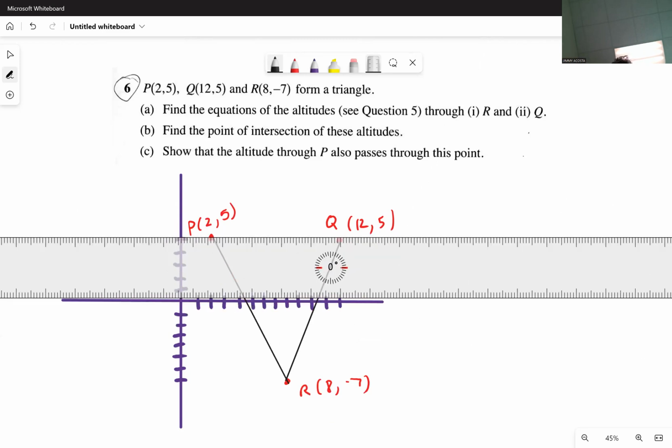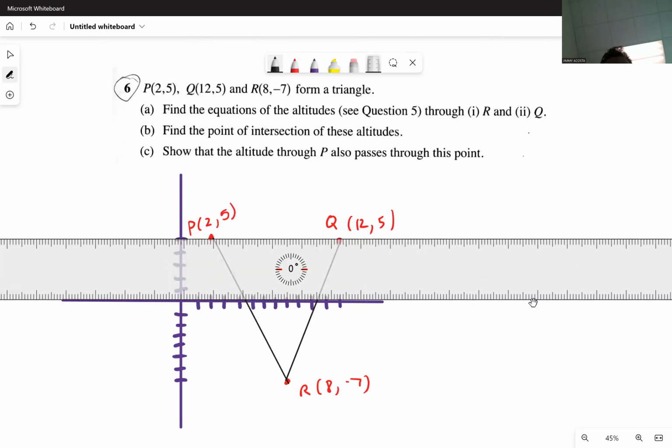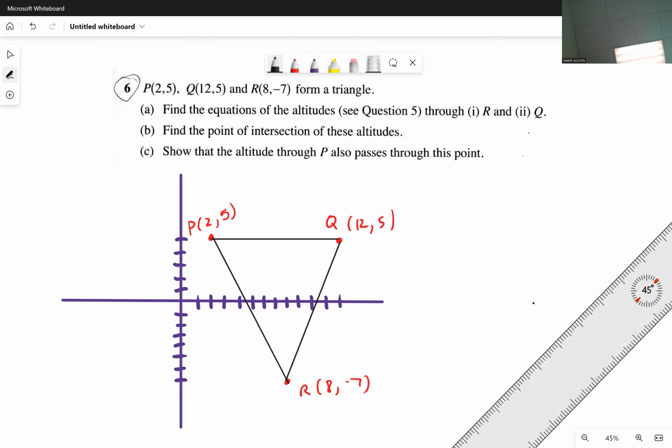Now, it feels like this should be an isosceles, but I'm not sure. Might be, might not be. Let me see if that 8 is correctly put. 1, 2, 3, 4, 5, 6, 7, 8. Yeah, but my lines are not the best. I think I have graph paper on here. I could have done it, but.